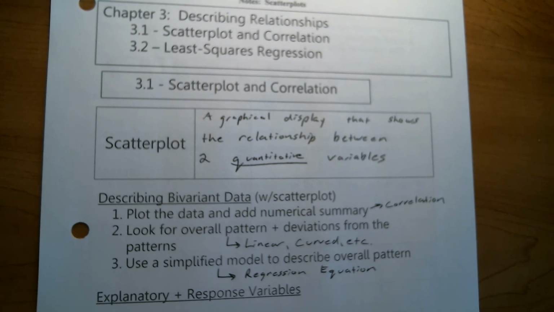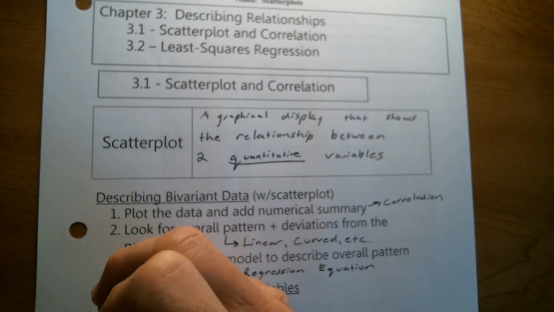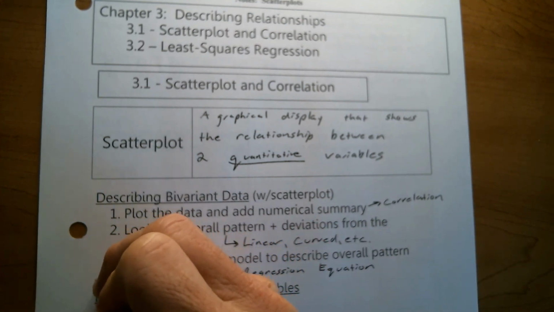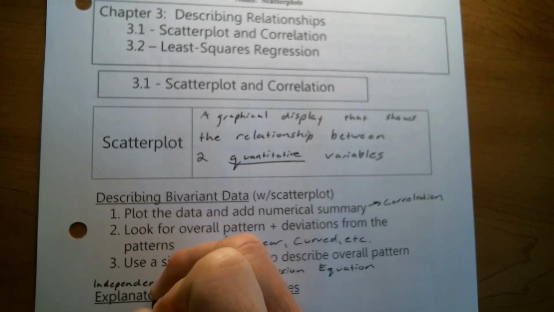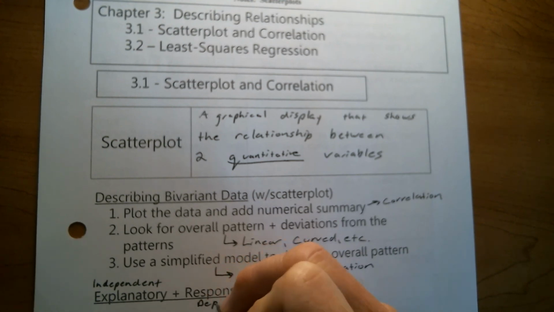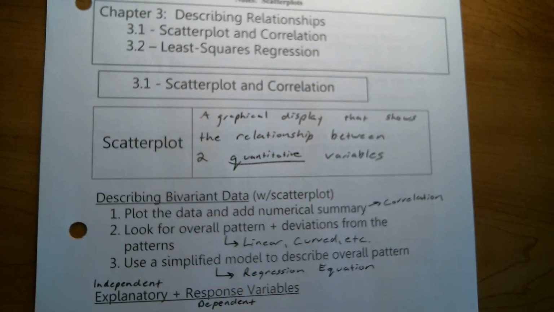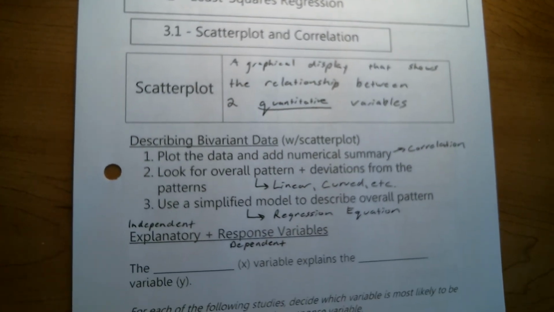So when you're making a scatter plot, you have the explanatory and the response variables. The explanatory is also sometimes referred to as the independent. Hopefully this is somewhat familiar from your science classes. And the response is sometimes referred to as the dependent. So again, hopefully terms that you've seen before, if not in math, at least in science.